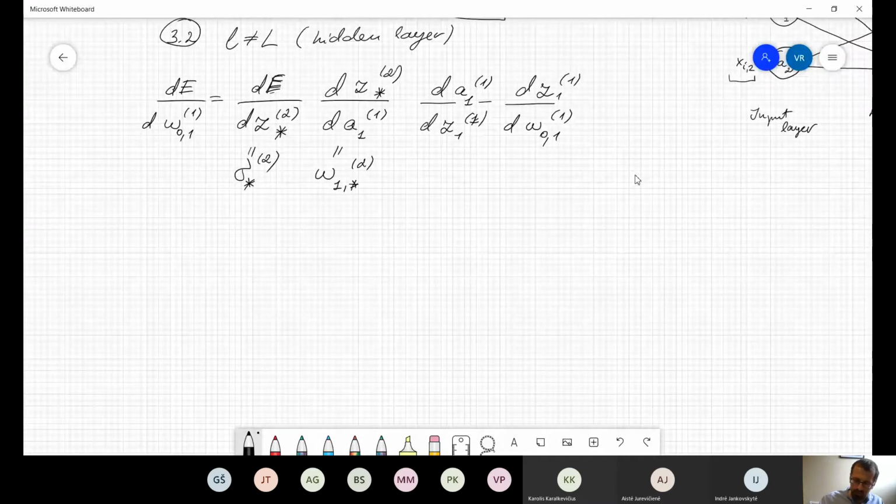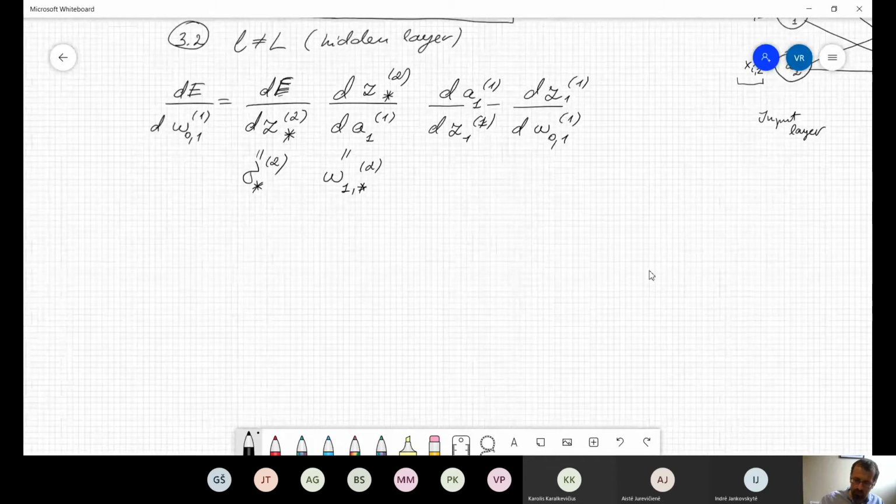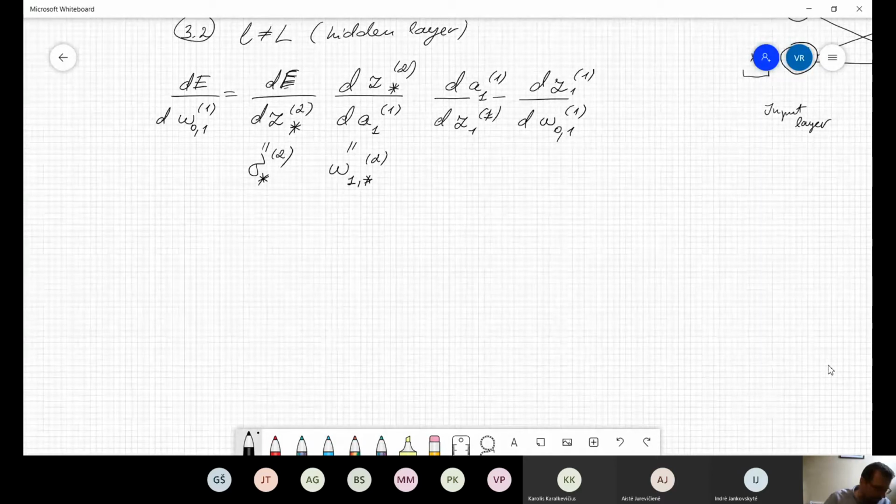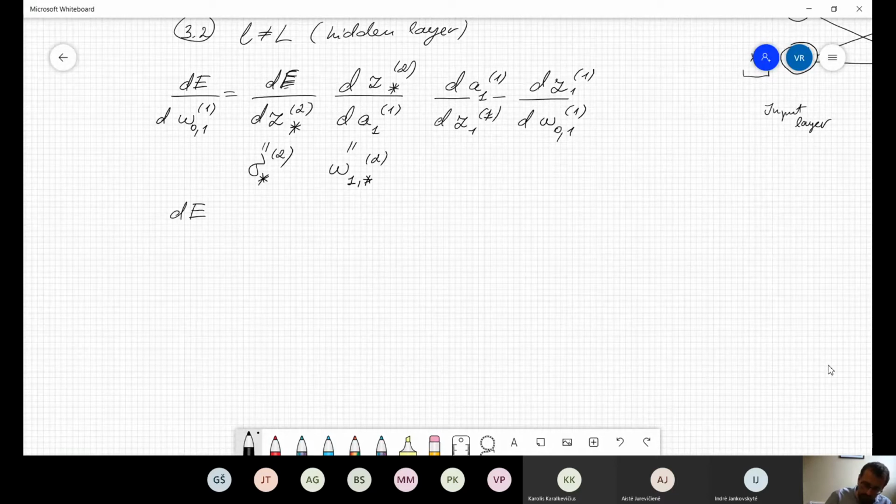These two things are familiar. This is the one which we need to accumulate. As you can see, we have a star here and a star here until we reach the activation on the first layer. So we can rewrite it in this form now, because we already have everything we require.